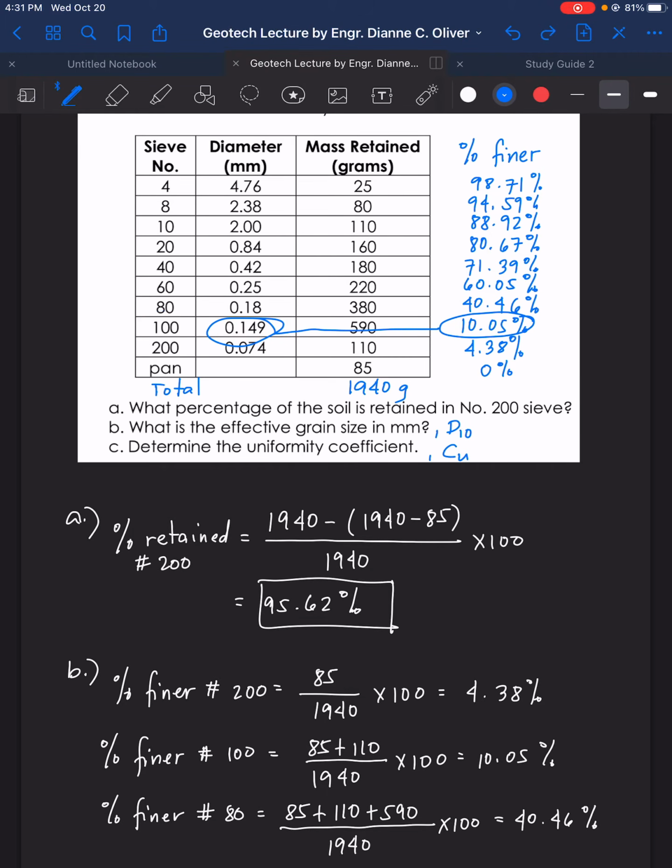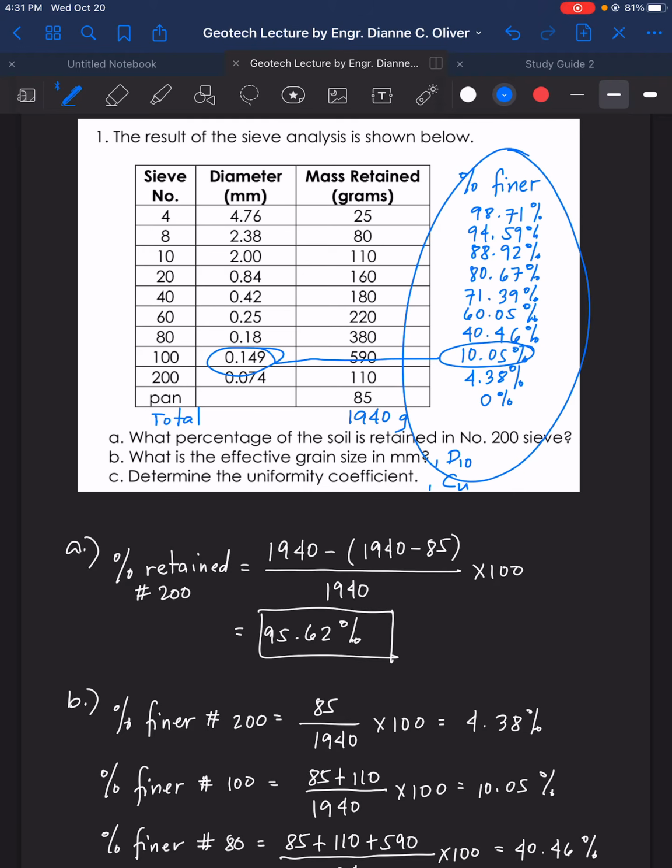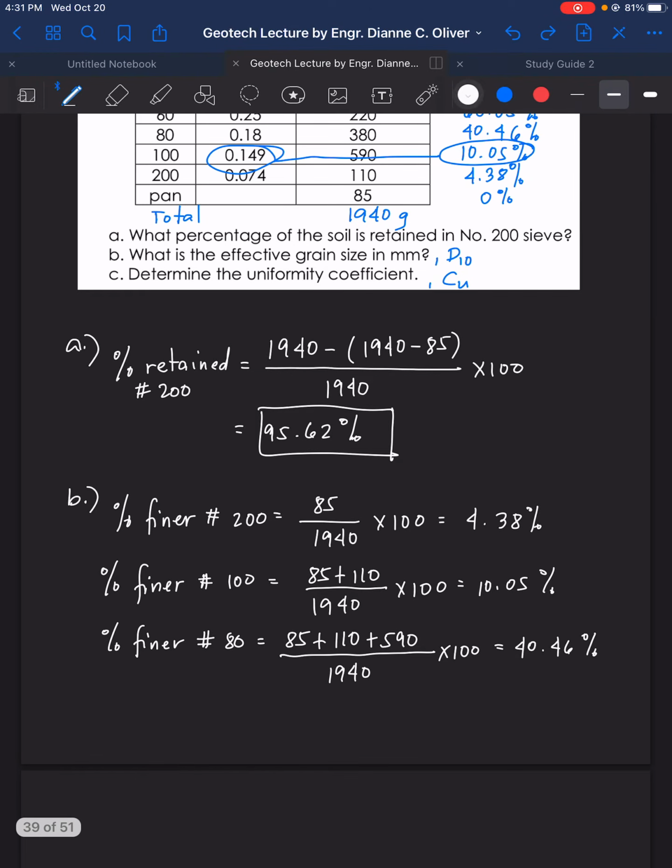No, it's not. D10 is the diameter corresponding to the percent finer where you can locate the 10%. The 10% is found here, then the diameter is somewhere here. So that's how the idea is. Therefore, D10 is equal to 0.149 mm, if we accept 10.05 as the 10%.